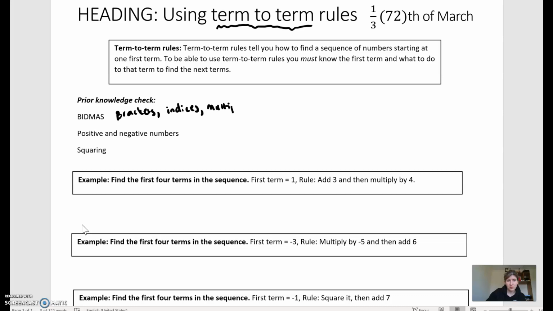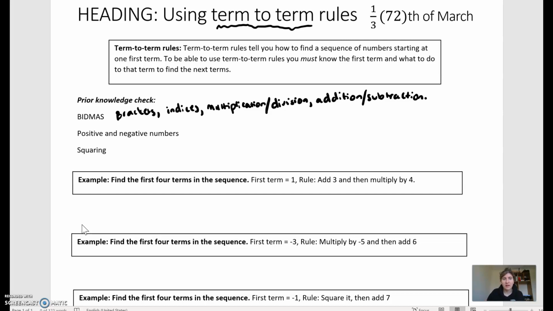Multiplication and division, and lastly addition and subtraction. Right. That's just something to keep in mind. This is going to come in more later on when we're looking at when you've got a formula and you're applying a formula, but it is something that's worth mentioning for the moment.